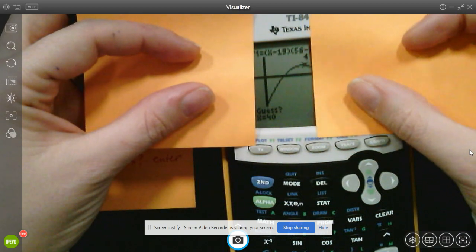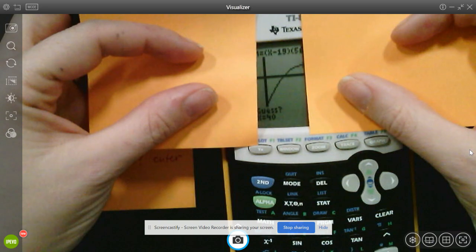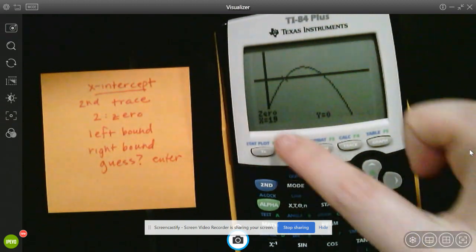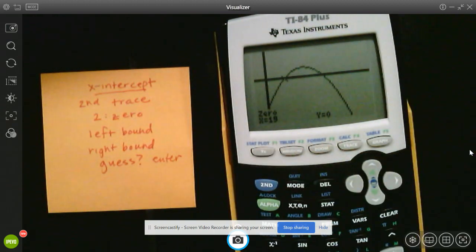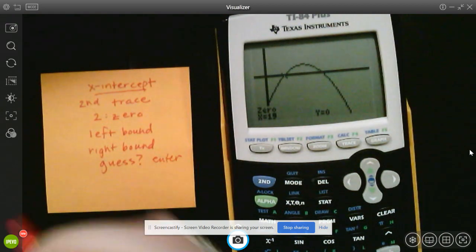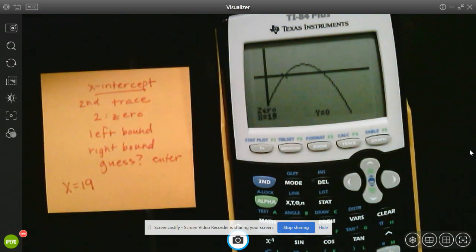You may have picked a different number, like 30 or 35, but either way, you can see I've clearly got this x-intercept between those points. So I'm going to confirm that I want the calculator to guess. And my first answer is 19. So my first x-intercept is 19. I'm going to write that down so I can remember that.